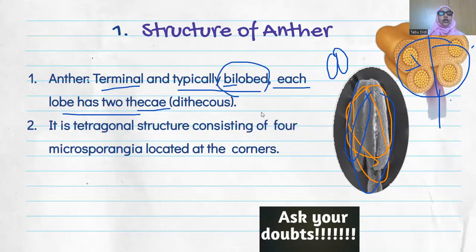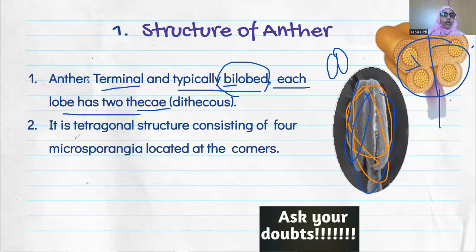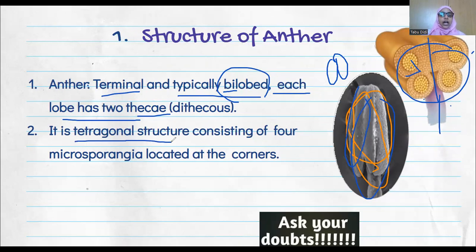That is what I mean by tetragonal. It's a tetragonal structure consisting of four structures. Now, what are these four structures? These are known as microsporangia. You can see these circular structures, 1, 2, 3, and 4.